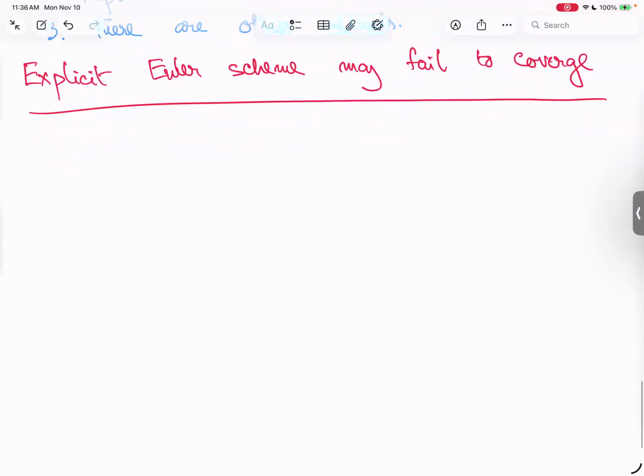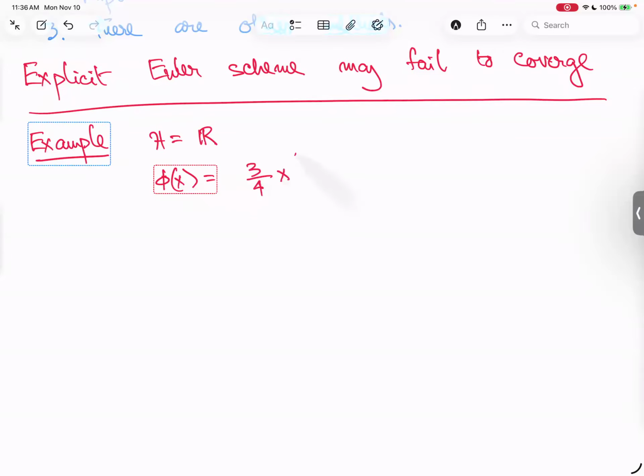So here's an example. Let's take my Hilbert space to be the real line. Okay, as simple as possible. And I'm going to take my function phi to be 3/4 x to the power 4/3 when x is non-negative, and infinity when x is negative.